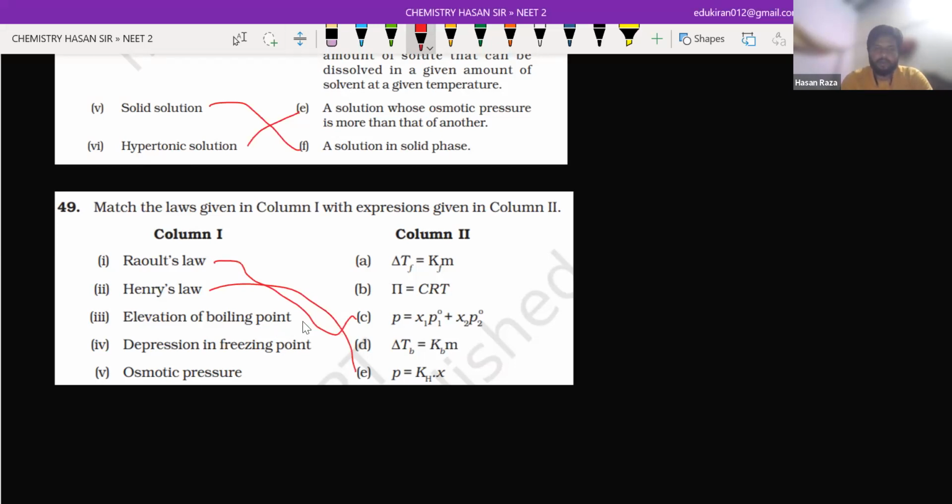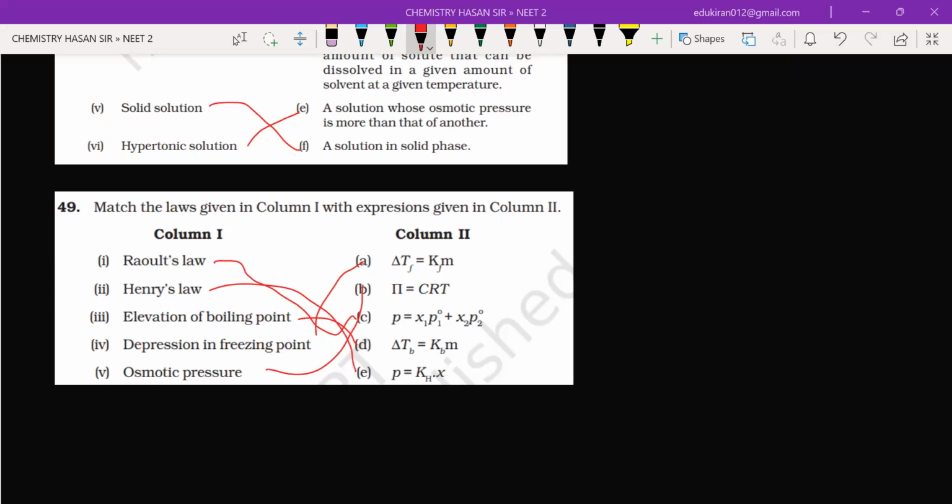Elevation in boiling point, you can see this will go to D. Depression in freezing point, this will go with osmotic pressure like this. So both are quite easy. I'm going to give you one more question about this. It's about concentration terms. It's also quite easy.